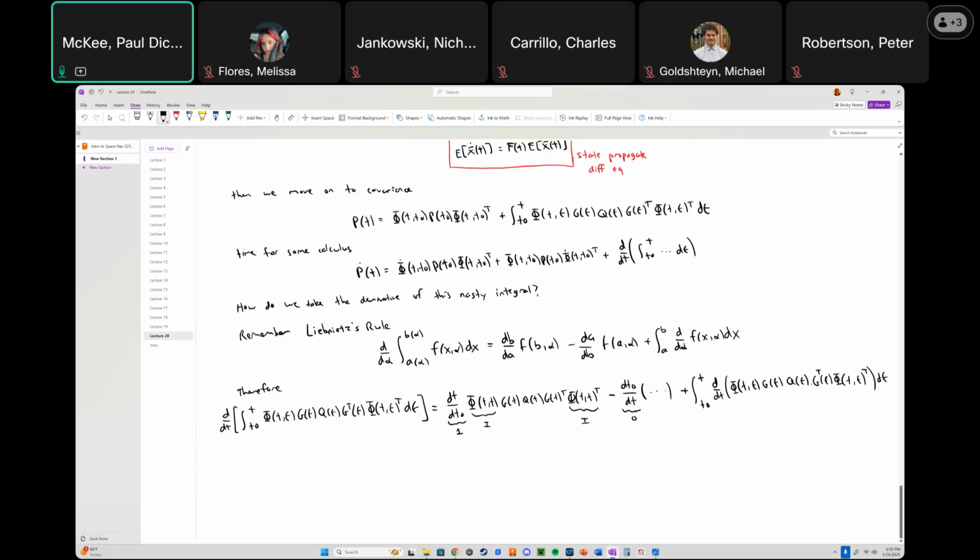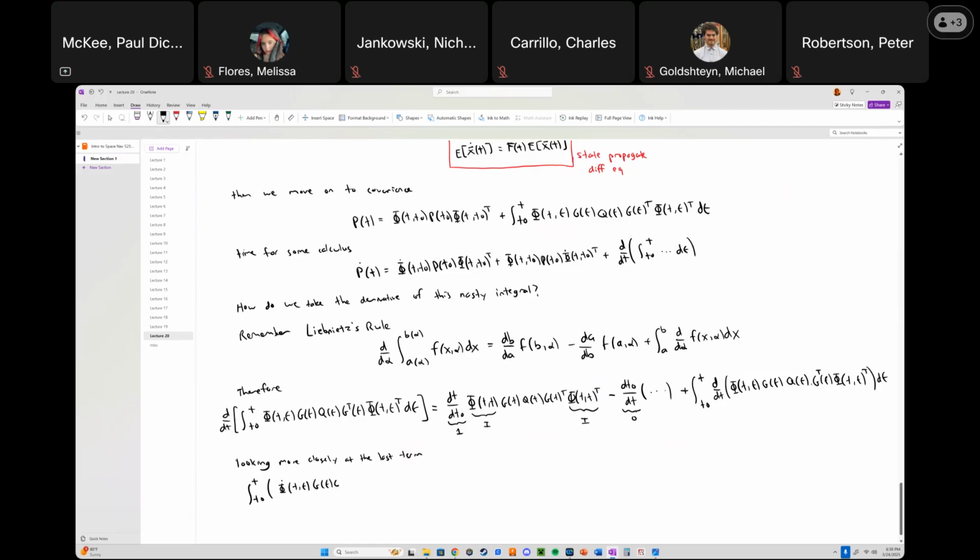Okay, cool. Thank you. So the second term is going to be one of those 1d2 plus 2d1 deals. So let's look more closely at the last term. So this is the integral from t naught to t of phi dot epsilon to t, and then the rest of it stays.